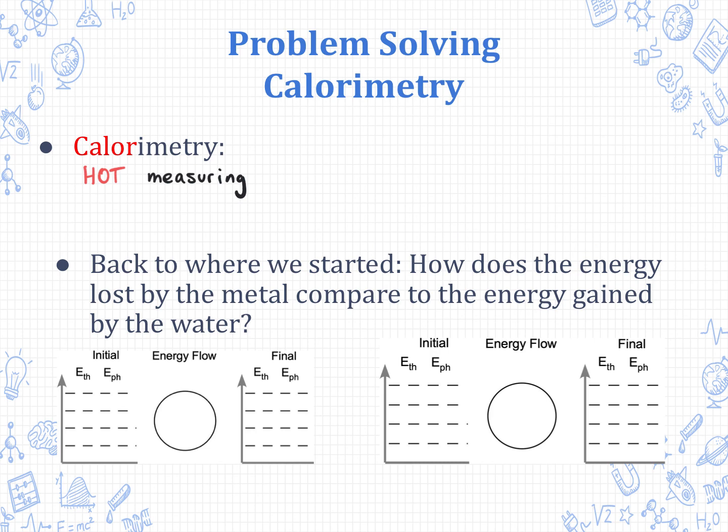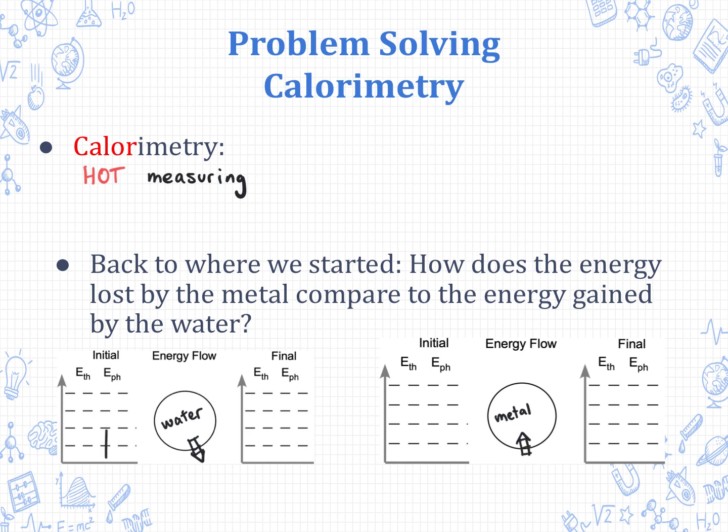So if you think back to the lab that we used to start this chapter, at one point we had some water and we had a metal, and I think in our case the water was hot and the metal was cold, and we mixed the two of them together so that the water lost energy and the metal gained energy.